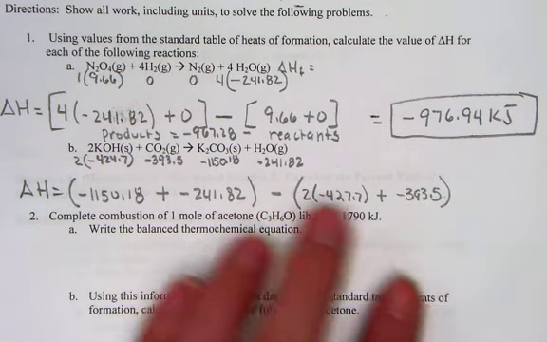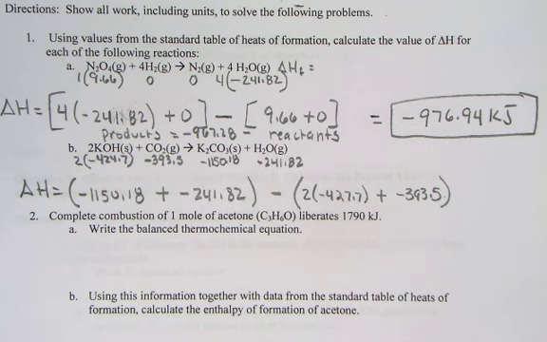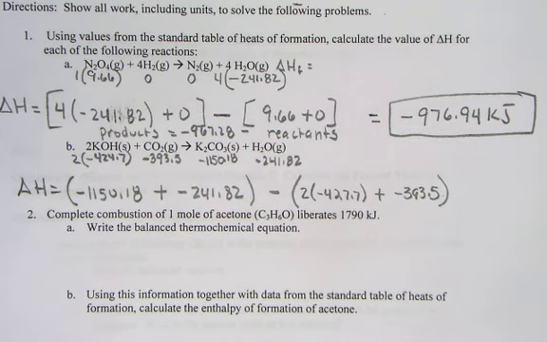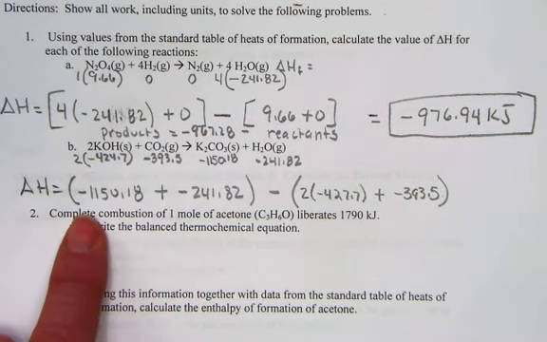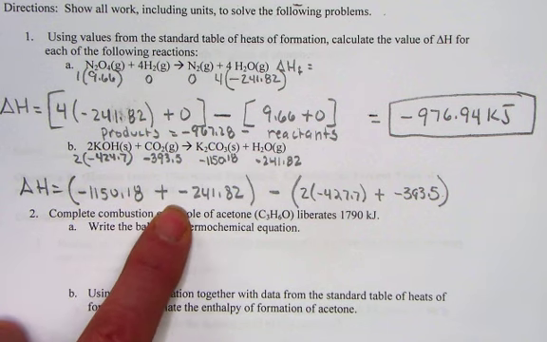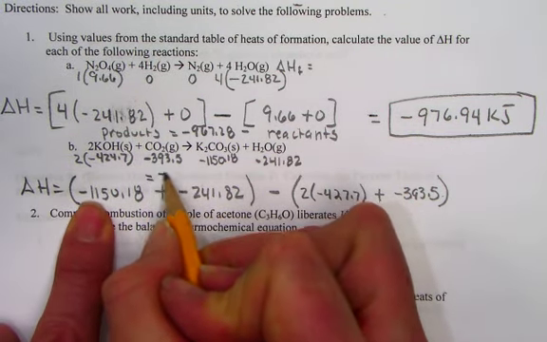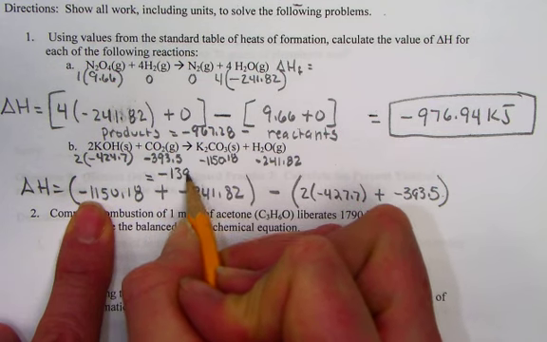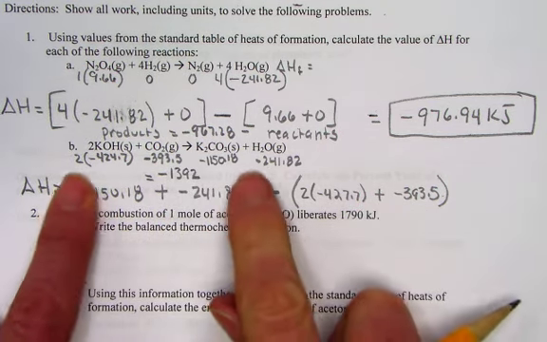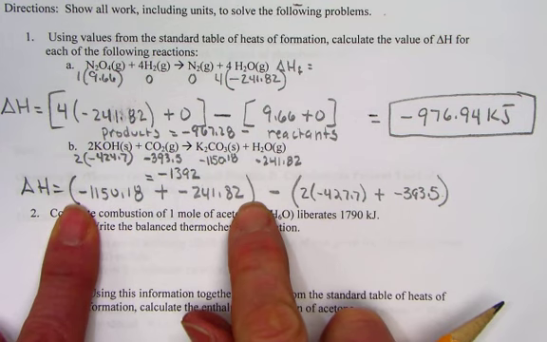Products minus reactants. Let's begin simplifying as we need to. In the first parentheses, negative 1150.18 plus a negative 241.82. So far, my first parenthesis is equaling negative 1392, simplifying the first parenthesis.